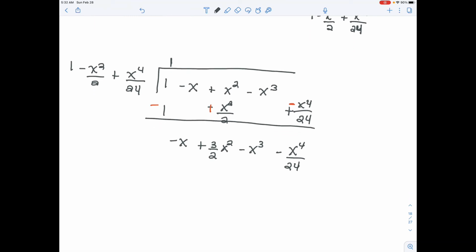All right, so next we multiply by negative x. So what can I multiply by 1 to get negative x? Negative x. I multiply again.